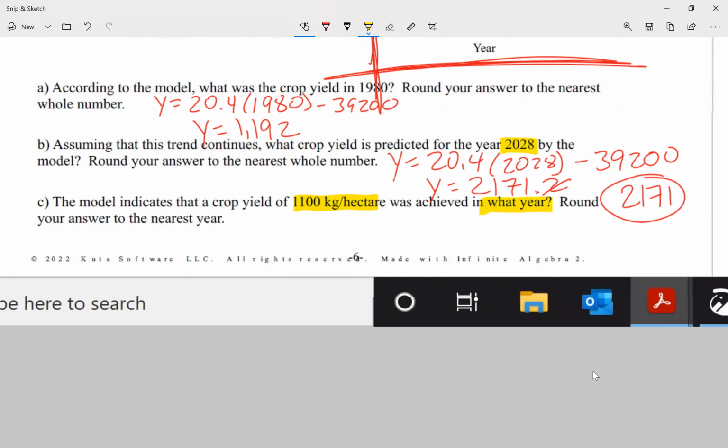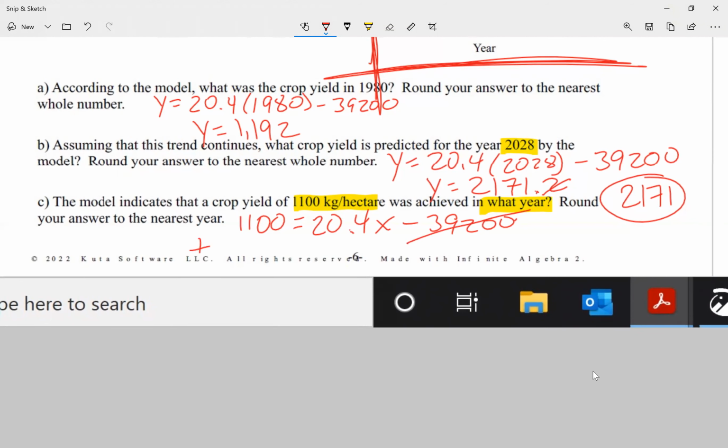All right, so the way I'm going to do this, let me write this as 1,100 is equal to 20.4x minus 39,200. To have the X by itself, this minus, let me move it over as a plus 39,200.